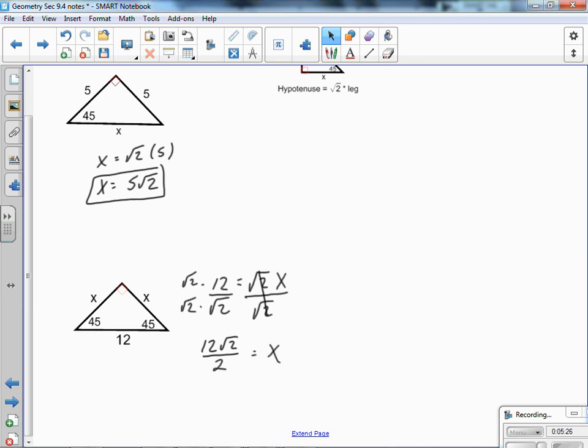And then I can do one more thing to simplify it a little bit, and that is 12 over 2 divides by 2 to give us 6 square roots of 2. Questions on that? All right. So that's a 45-45-90.